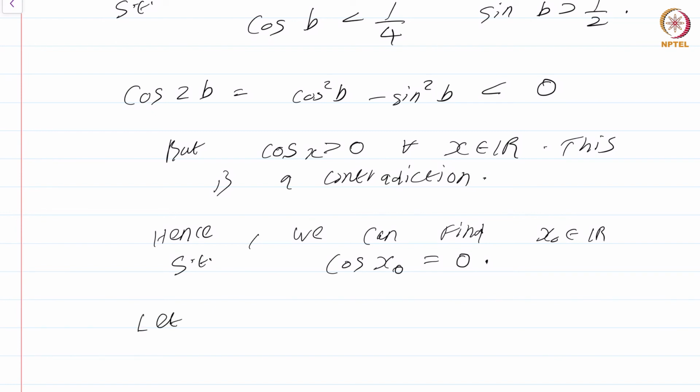Let S be the set of all y in R such that cos y is equal to 0. In fact, all y greater than 0 such that cos y is equal to 0. In fact, we can find x naught greater than 0 such that cos x naught is equal to 0.